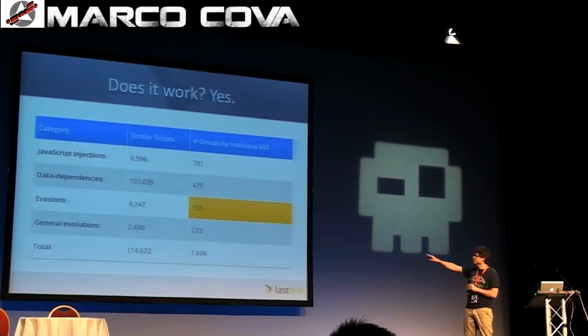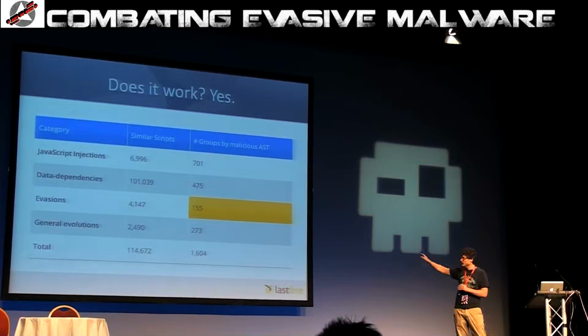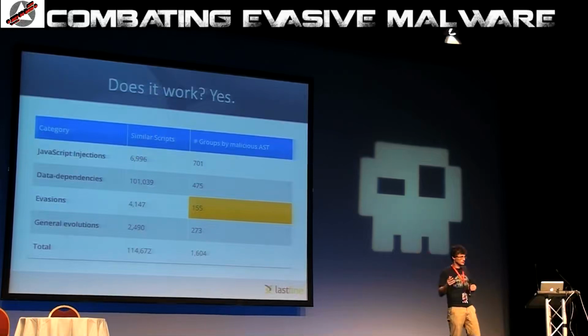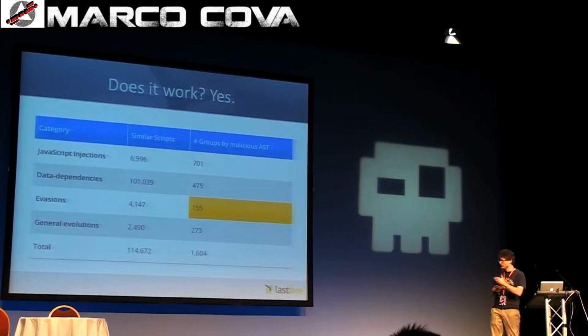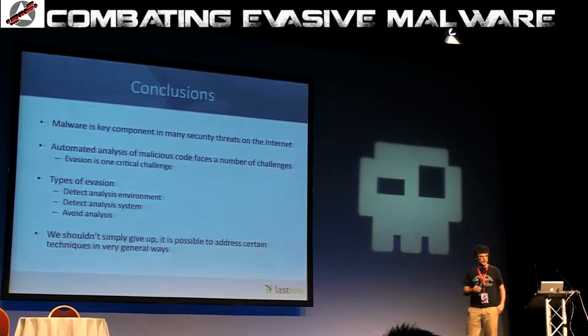We found that there are 155 groups of ASTs that are similar but have different categorization, and where the difference is automatically attributed to the presence of evasions. So we see about 150 different evasion techniques that are used in the wild to evade automated analysis systems like WebOS. Okay, so this pretty much concludes my talk.